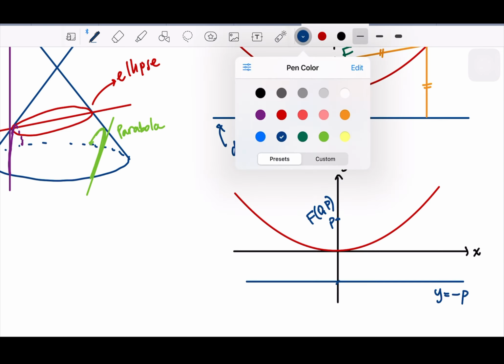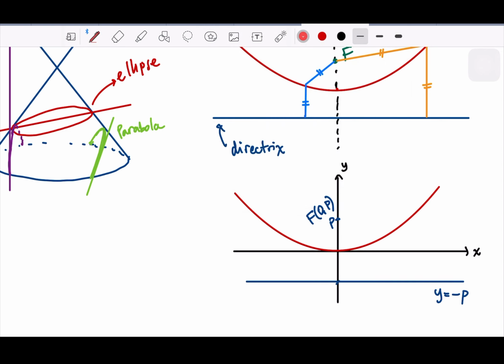And then, maybe in a different color, let's connect to some random point on the parabola. Let's say the point P, the big P, okay, that's small p. Now this is y, right?